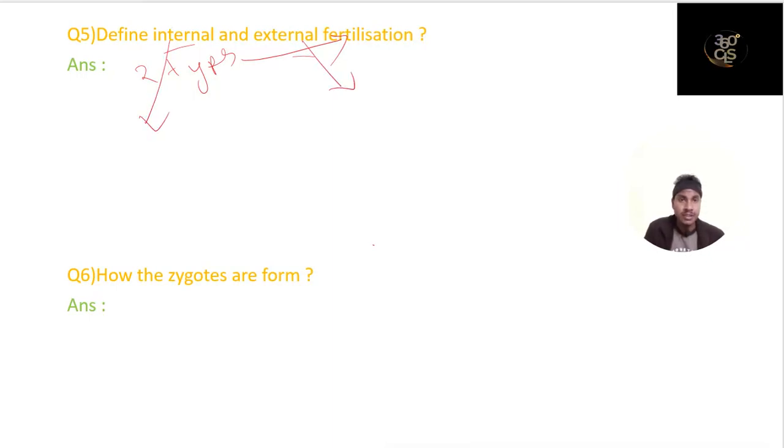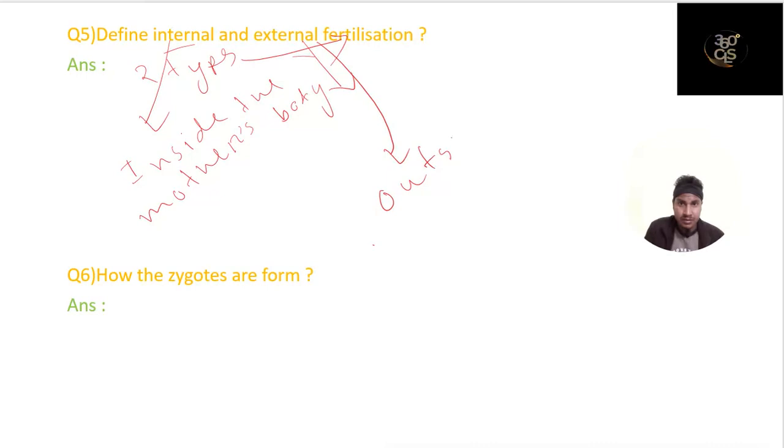So internal yani the fertilization which takes place inside the mother's body. External means outside the mother's body.